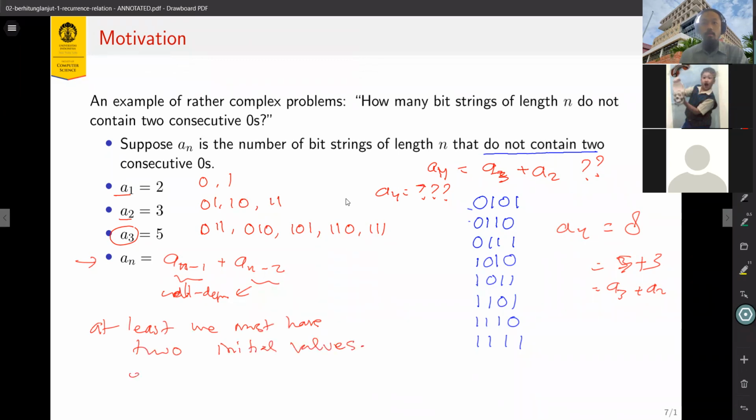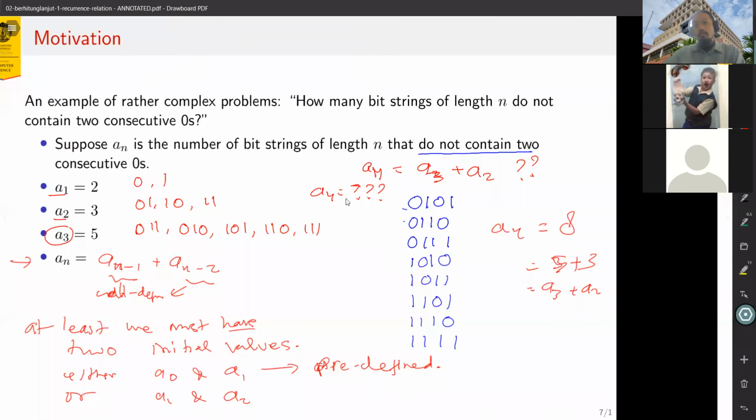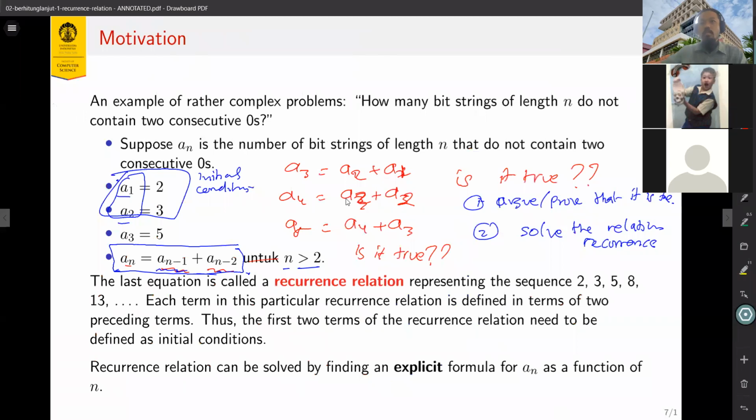For example, you could start with A0 and A1, or A1 and A2. These values are predefined. Now this relation is called a recurrence relation.